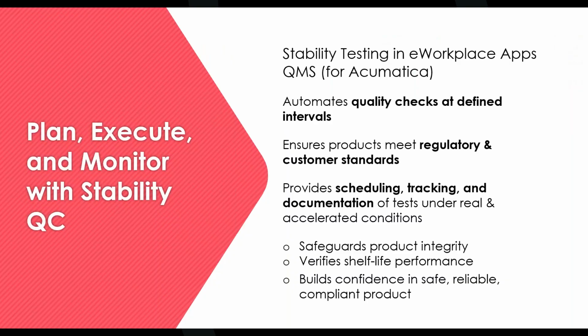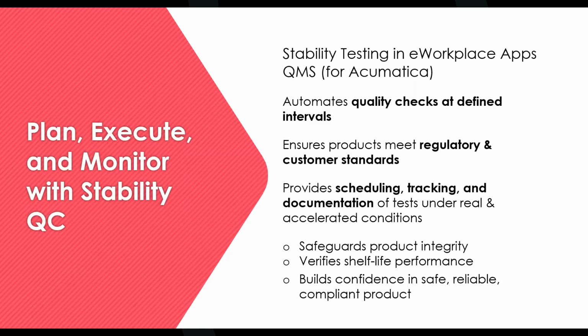So what we did within the Acumatica framework, within the QMS framework, is we have automated the ability to define the intervals at which you're going to be doing this stability testing, as we call it. It ensures that products meet the specification, and in many cases, there are regulatory conditions that people need to demonstrate to third parties that yes, in 6 months, it's still the same.